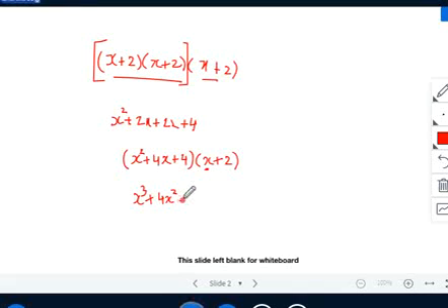Then x multiplied by 4 will give you 4x. In the same manner, multiply 2 with these three terms. So it's 2x squared, then 2 multiplied by the second term gives 8x, and then 2 multiplied by 4 gives you 8.